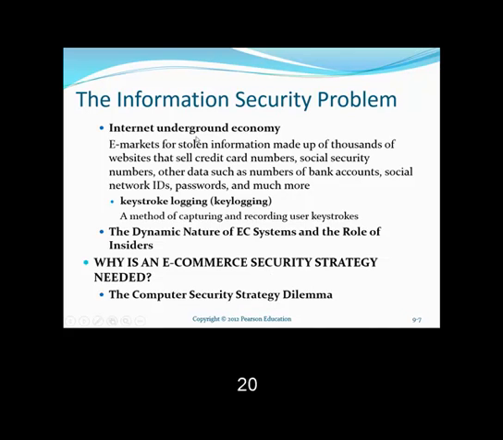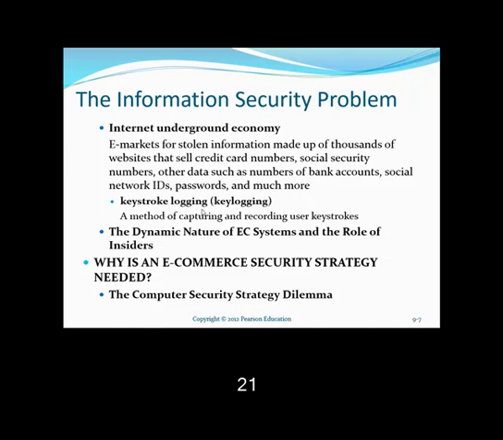And then the internet underground economy, e-markets for stolen information made up of thousands of websites that sell credit card numbers, social security numbers, other data such as bank account numbers, social network IDs, passwords, and much more. They can use keystroke logging to get your password, and then when they get the password, they can log into your system and easily get all the information that you provide to the system.